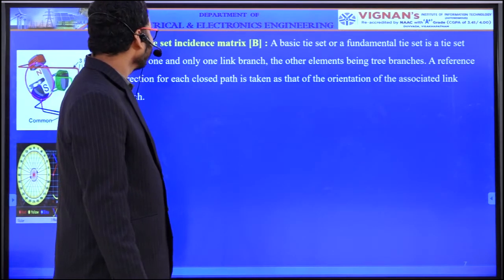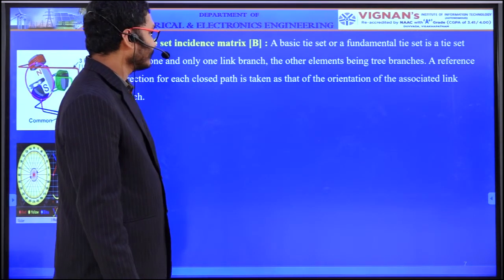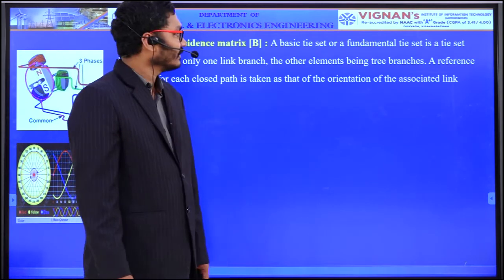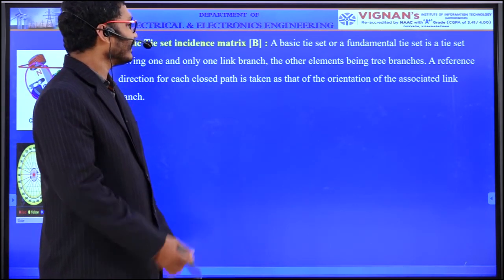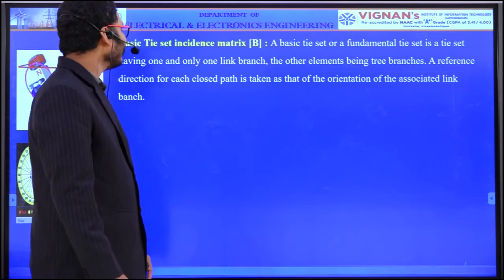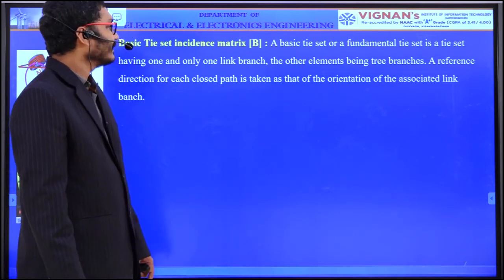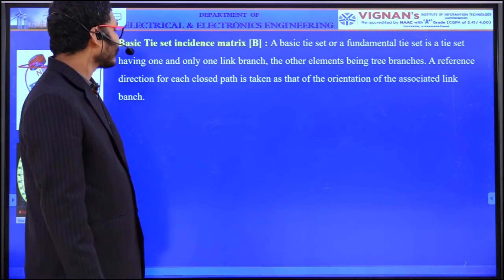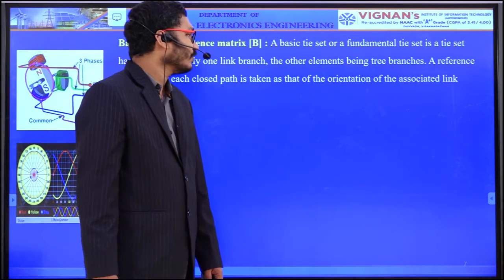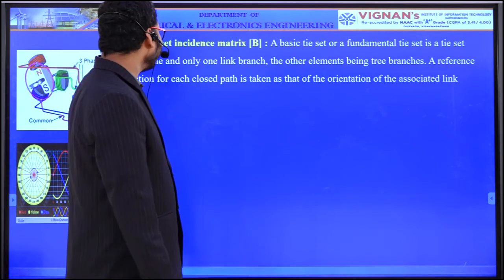Next one is the basic tie set incidence matrix. A basic tie set, or fundamental tie set, is a tie set having one and only one link branch, the other elements being tree branches. The reference direction for each closed path is taken as that of the orientation of the associated link branch.